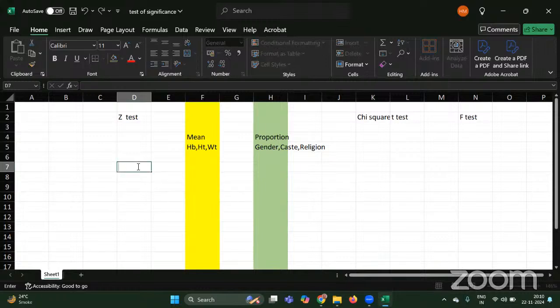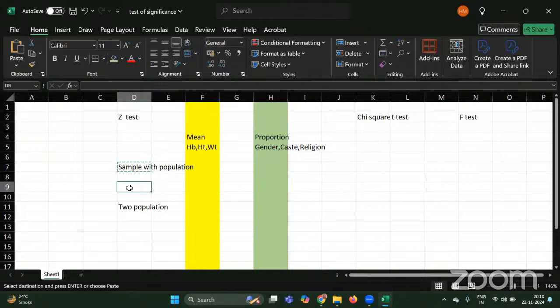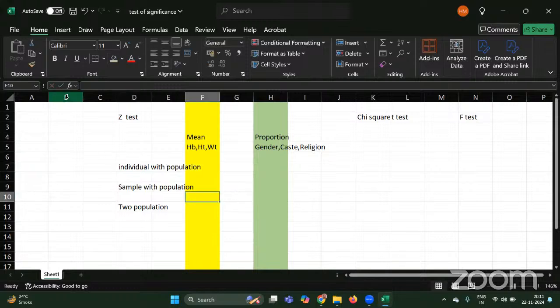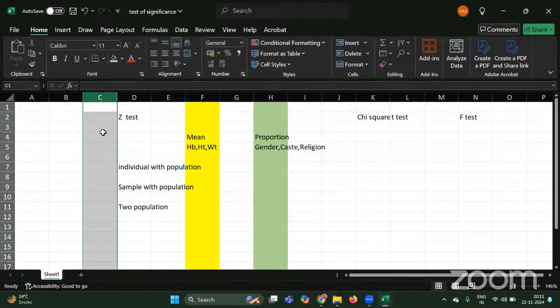When you want to compare a sample with a population, or you want to compare between two populations, or sometimes you compare an individual with a population. I will give an example of each category so that it becomes easier to understand.